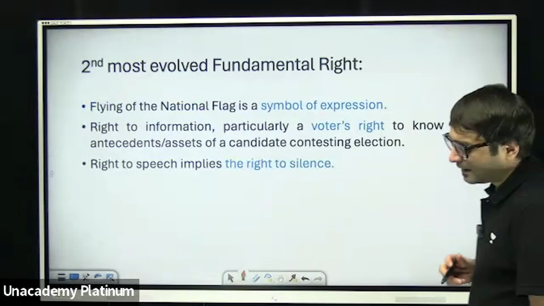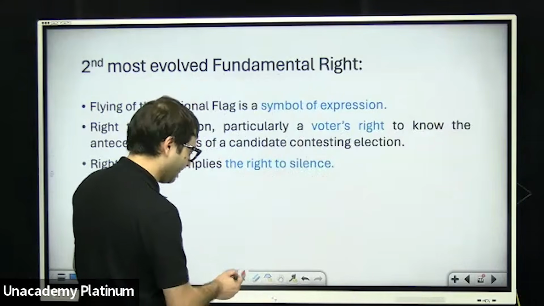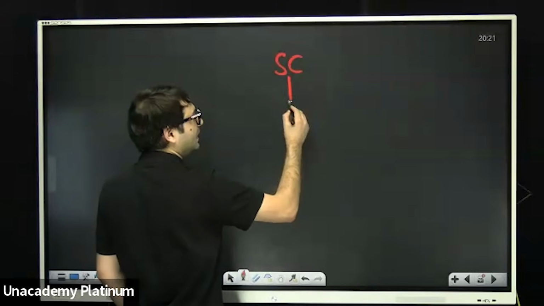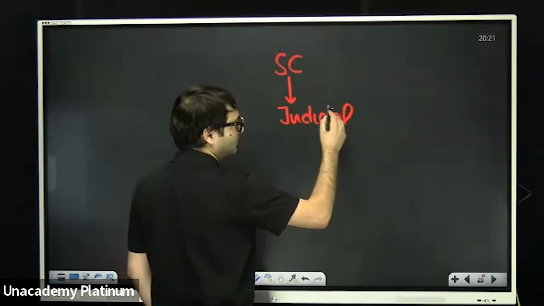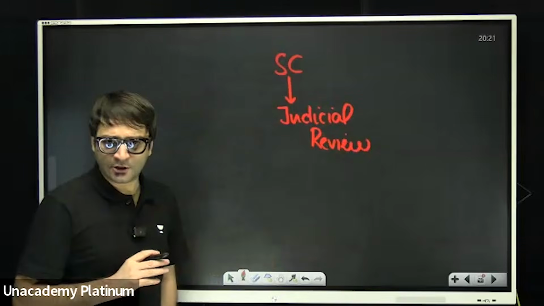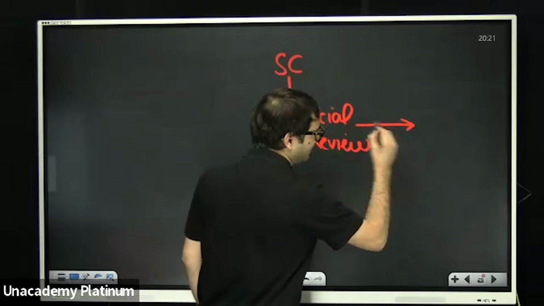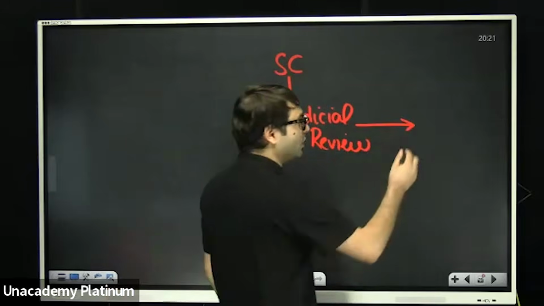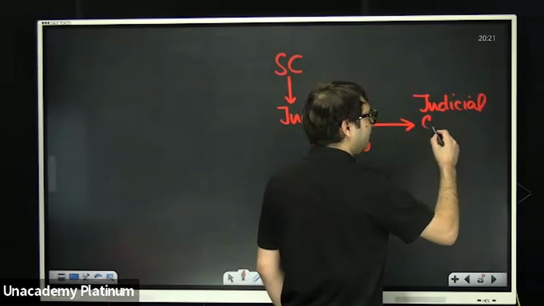Similarly, look at the Supreme Court of India. We have Supreme Court, and Supreme Court has the power of judicial review. Right or wrong? Right. Supreme Court has been using its power of judicial review by employing what we call judicial creativity.